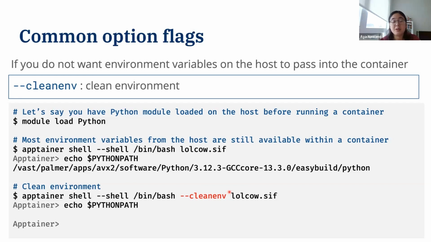So this creates a more controlled and isolated environment and prevents any unexpected influence or behaviors due to the host system's environment variables. So for example, starting a container with the --cleanenv flag and then checking the PYTHONPATH inside the container, it shows that it is empty.